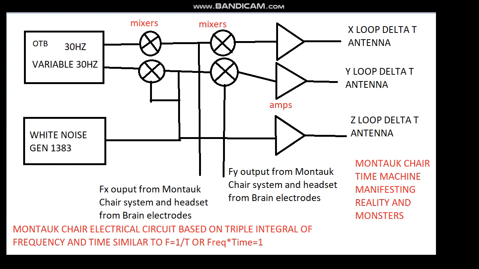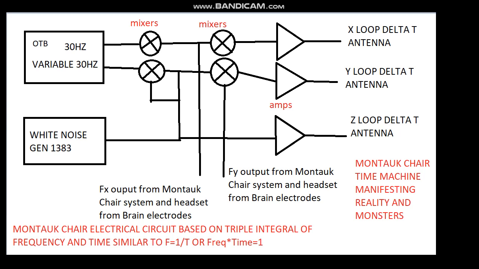And then you've got your white noise generation from the 1363 going in to the Y antenna, and then that goes into another mixer, and that mixer is fed by the Y output from the Montauk Chair system and headset from the brain electrodes.